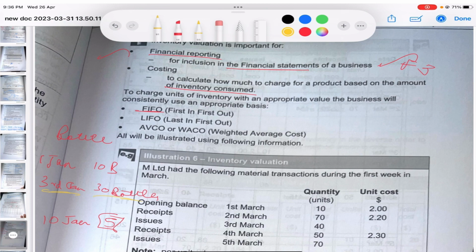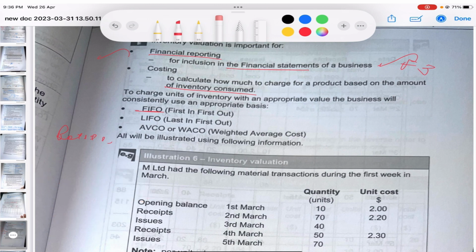Am I going to subtract from the stock which I purchased on 3rd Jan, or from my 1st Jan? I will be subtracting on a first in first out basis. Whatever stock came in first is going to go out first, so I will be subtracting from my 1st Jan inventory.